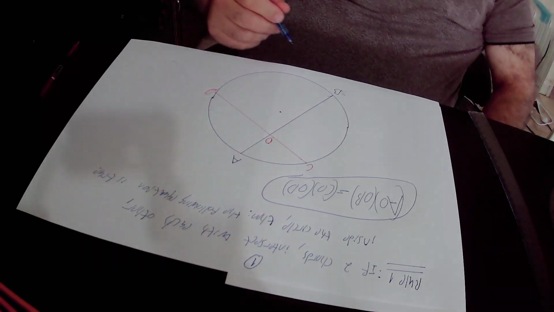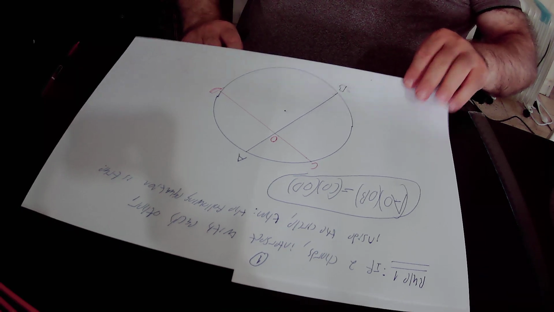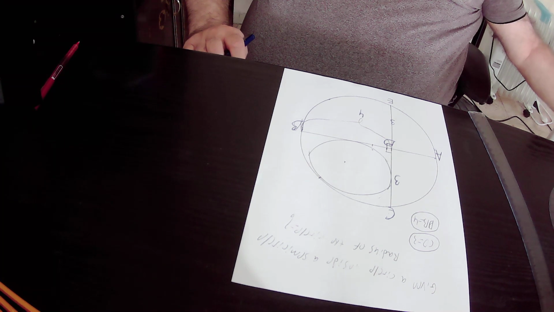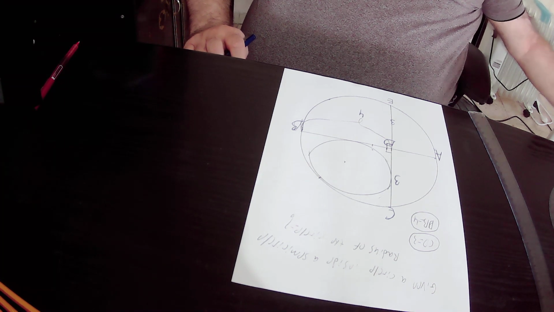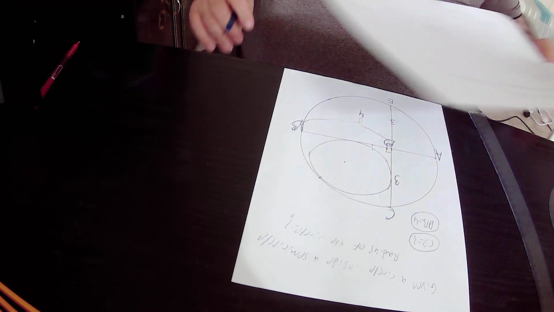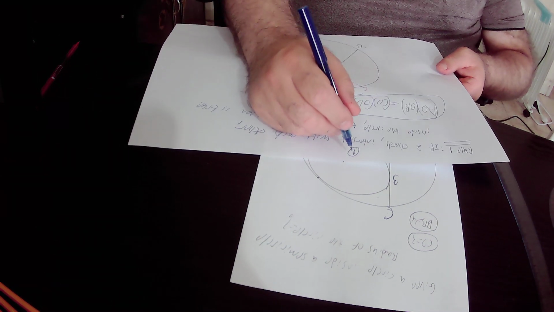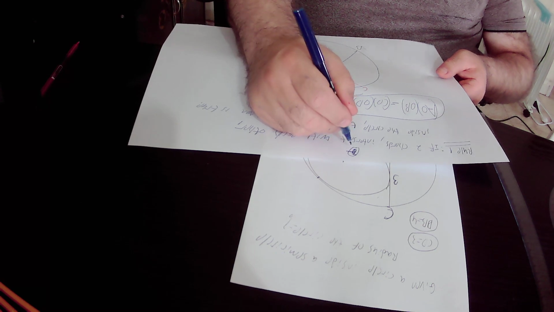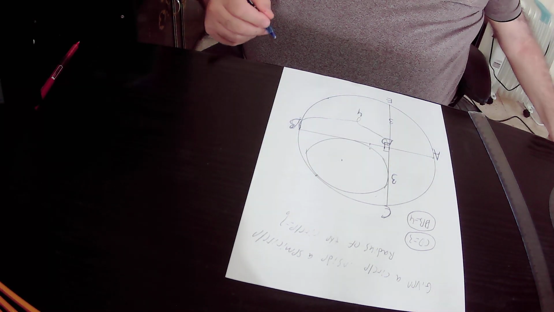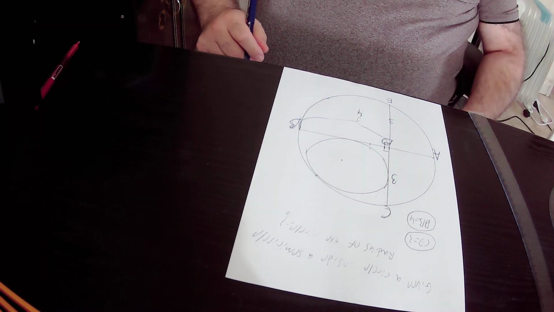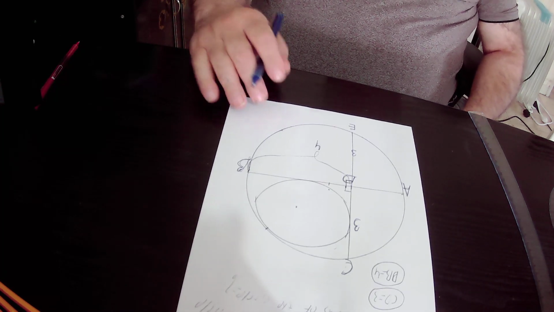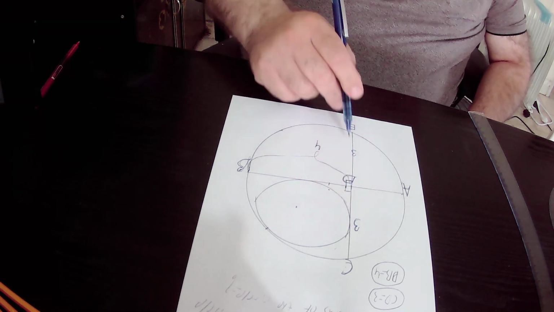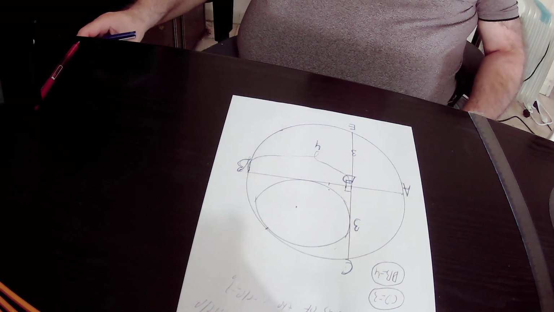So we can implement rule number 1 in our drawing, because in our drawing we have chord AB. This chord AB intersects with chord CE at point D. I'll write it down.